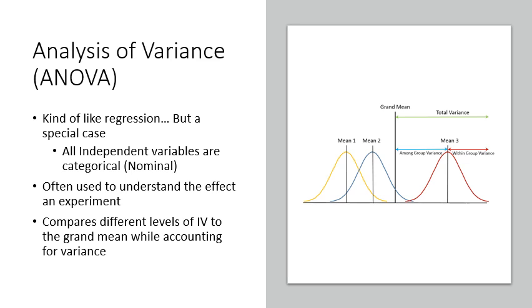However, mean 3, which is indicated in red on the image to the right, is farther apart from mean 1 and mean 2, indicating that this group of interest is different than the rest of them, most likely.